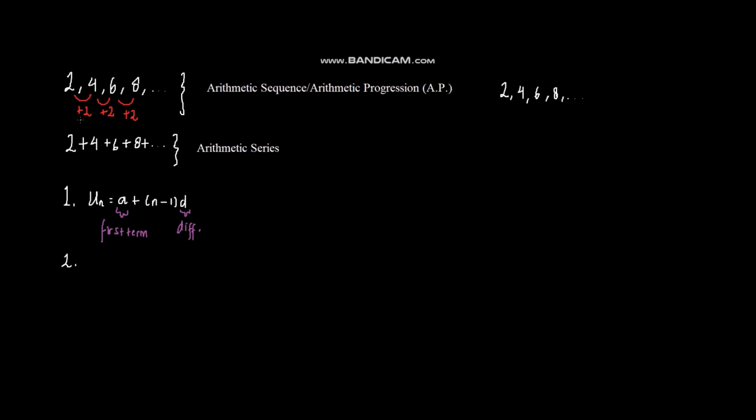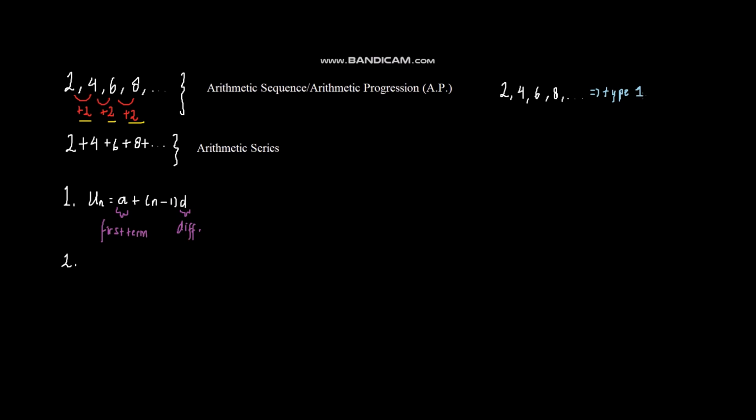So it's 2, 2, and 2, right? The difference between the next term and the previous term is the same throughout the sequence. So this is type 1.